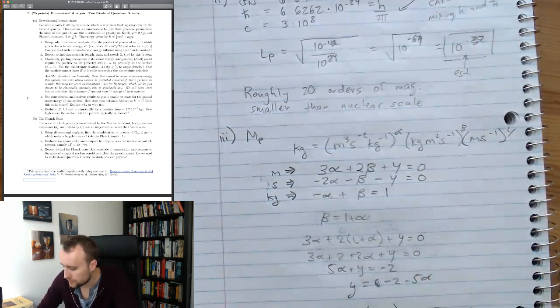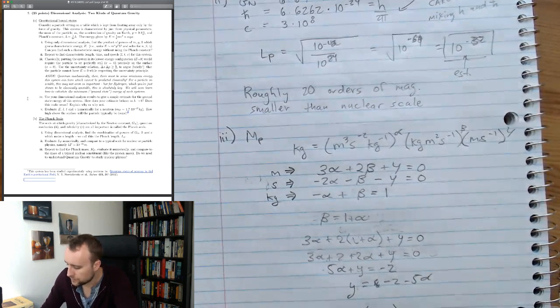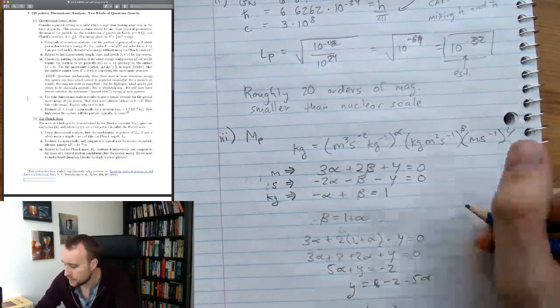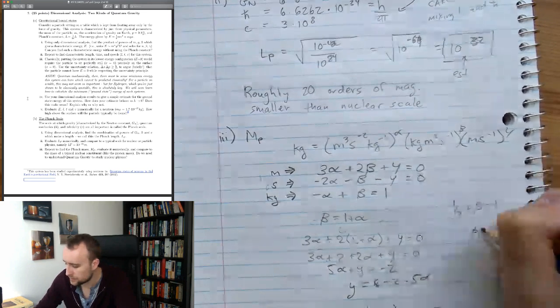So we have minus 3 alpha minus 1 plus 1, 5 alpha, 0. So we have 2 alpha equal to negative 1/2. So we have 1/2 plus beta is equal to 1. Beta is equal to 1/2.